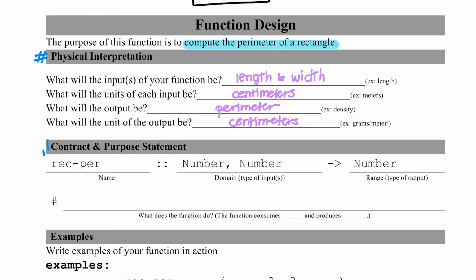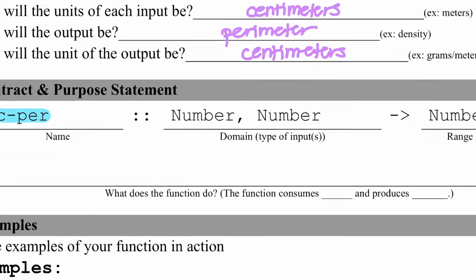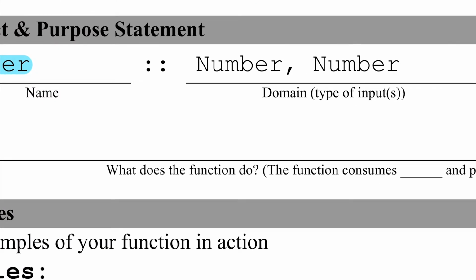Now this section is the contract and purpose statement. The function name for this section is going to be rec-per. Remember that there is going to be a space right here. When there's a break in the line, there's a space.